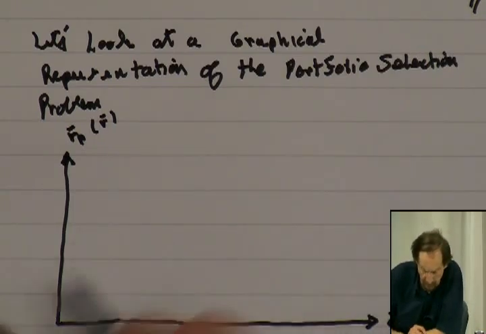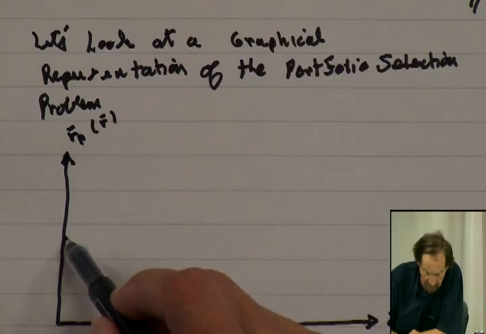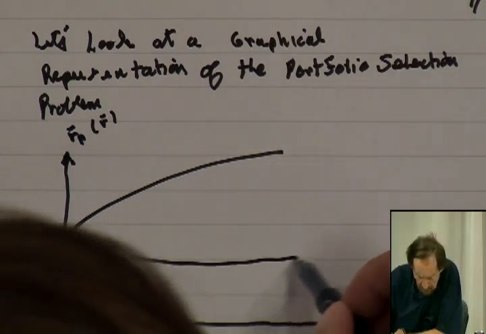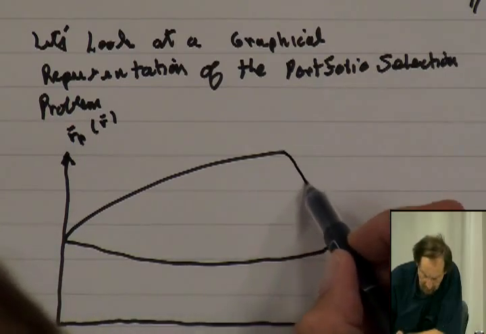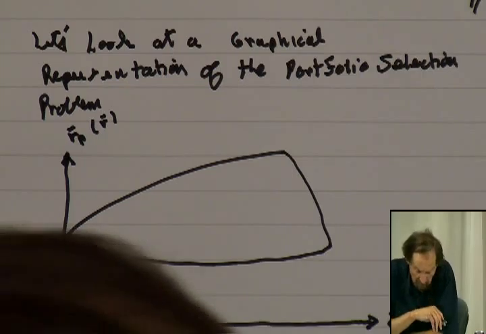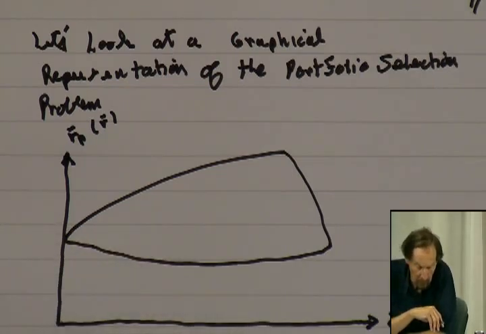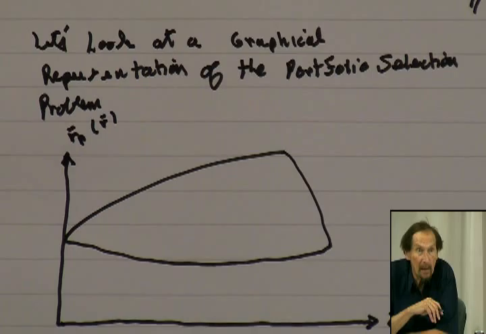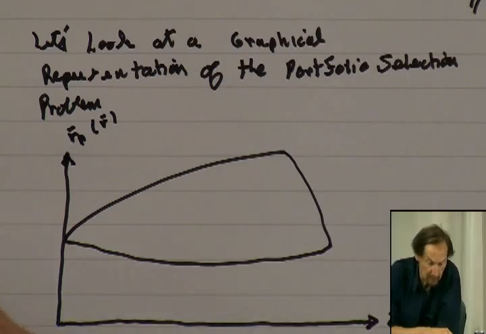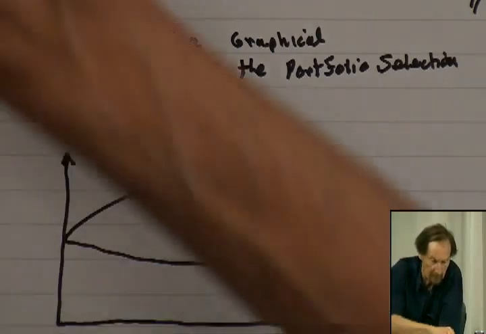Now, here's what we typically have. We typically have kind of an arrow-shaped thing here. We'll see this in the book. Okay. Now, what do we want to do? We want to maximize our expected rate of return, and we want to minimize our risk. Okay. So let's look at a point on here.